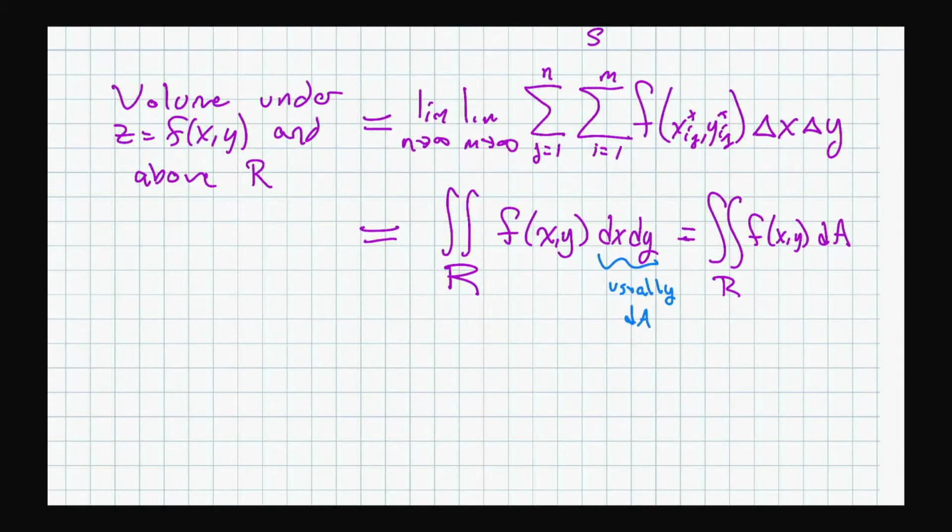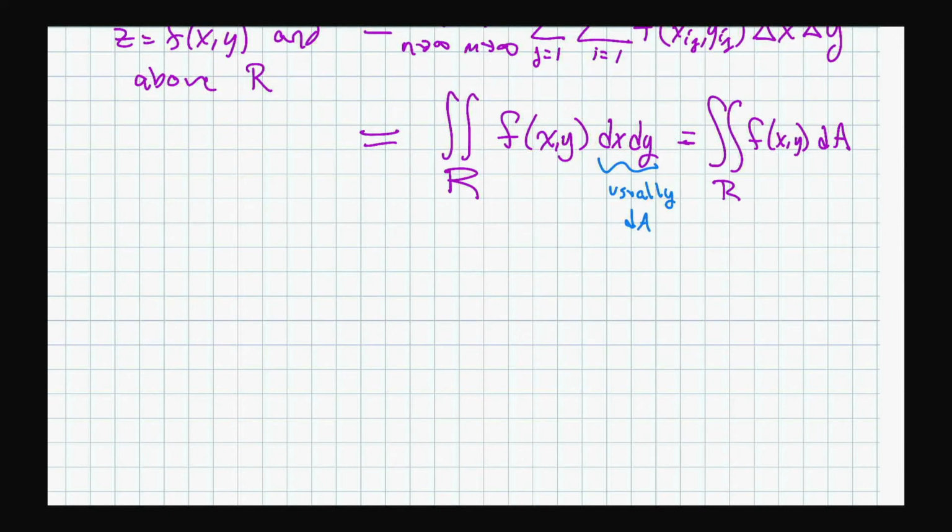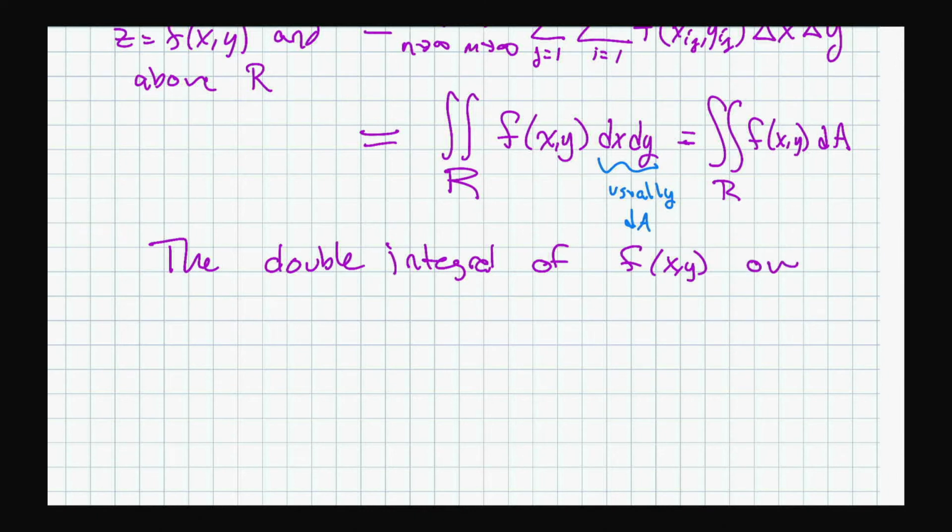Okay, and so this definition here, quote unquote definition, because it's not super rigorous, this is the double integral of f of xy over the rectangular region R in the xy plane.